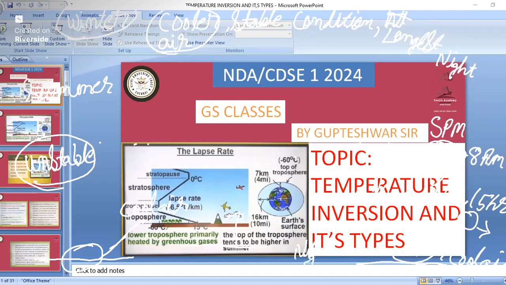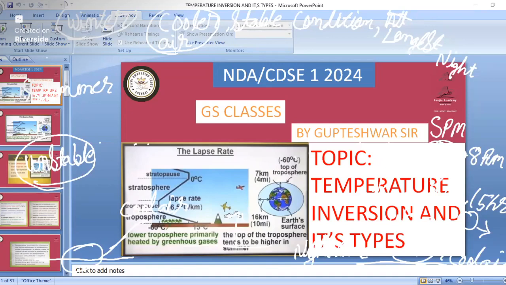So remember one more thing, there will be heat loss during the night time. As there is heat loss, the warm air will go upwards. Heat loss is what? It will go near the greenhouse gases area, in the troposphere. So the warm air will be going up. So in the upper part we have warm air because of heat loss, and in the lower parts we have cool air in the winter season.